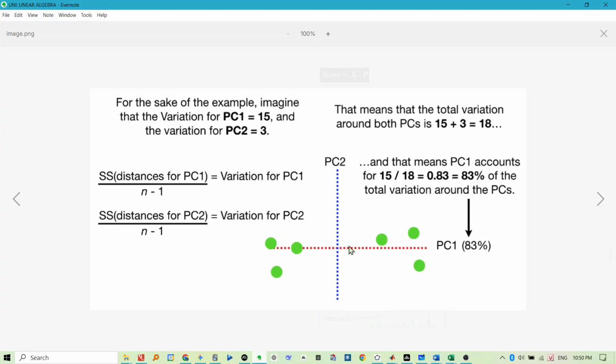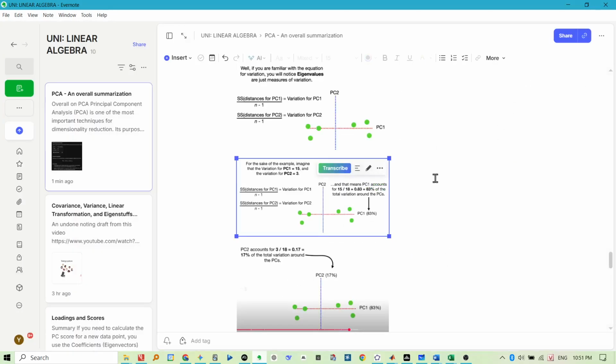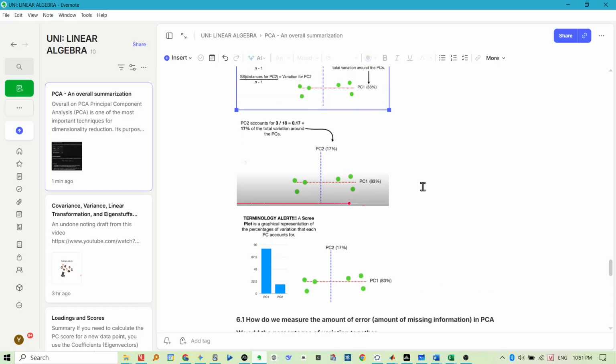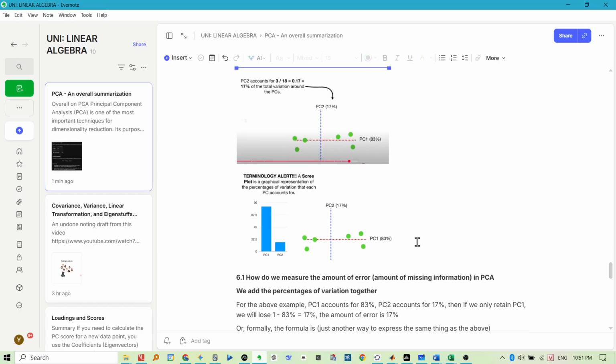You can see that the data on PC1 is much more spread out than the data on PC2, by projecting the points onto the axis. PC2 accounts for 17%, and the scree plot is there for us to visualize these values by bringing them onto the bar graph.